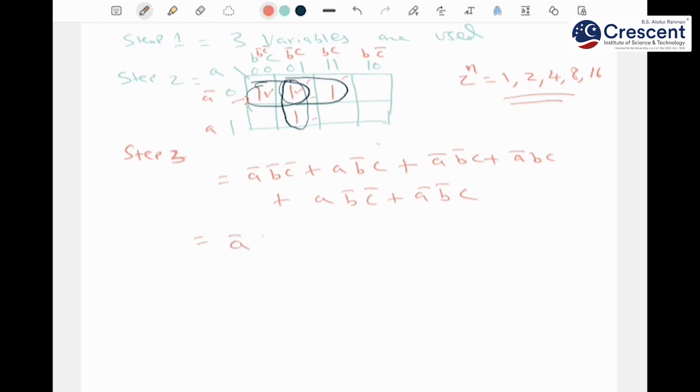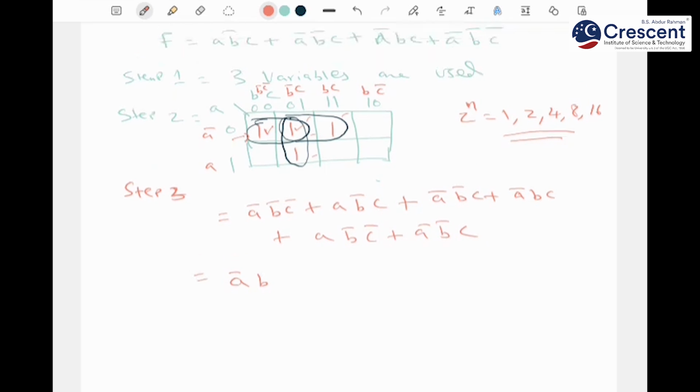So now rewriting this equation and taking common terms outside, taking a bar b bar commonly outside, I can write a bar b bar times c plus c bar, plus similarly taking common terms in the next two terms, a bar c commonly outside, so I will get b plus b bar.